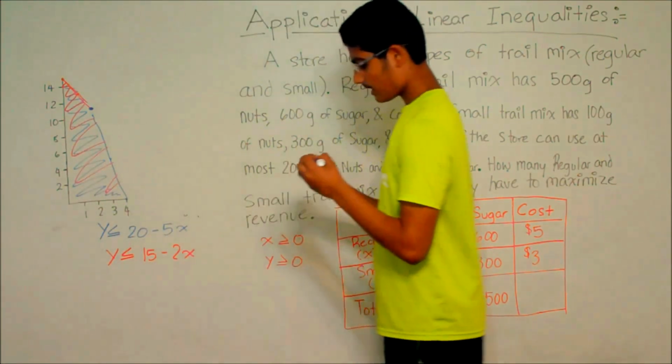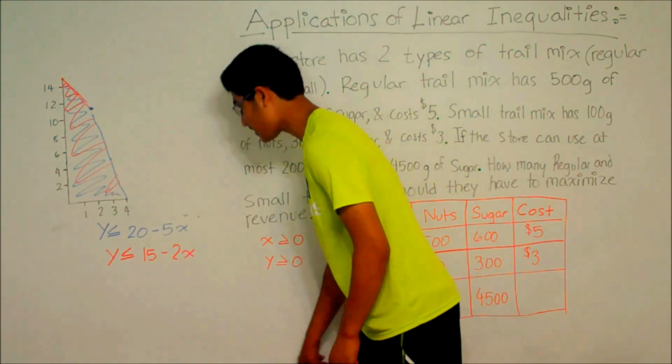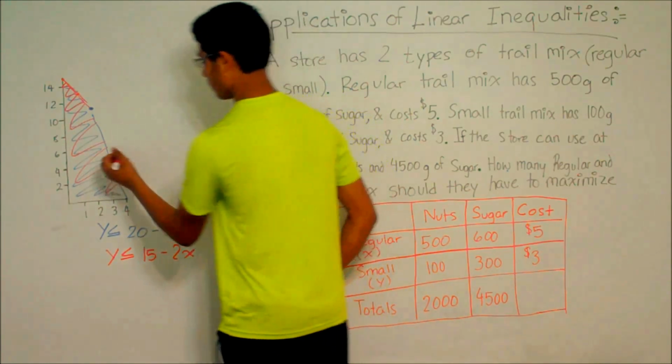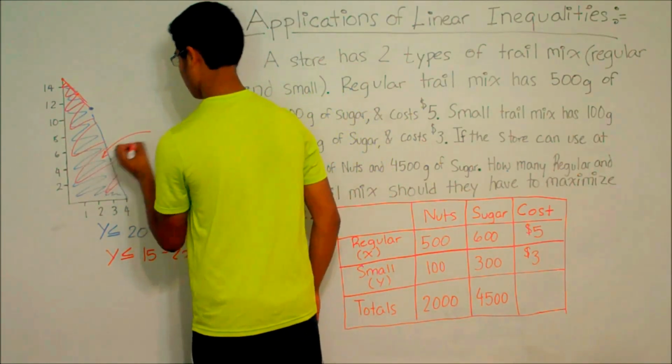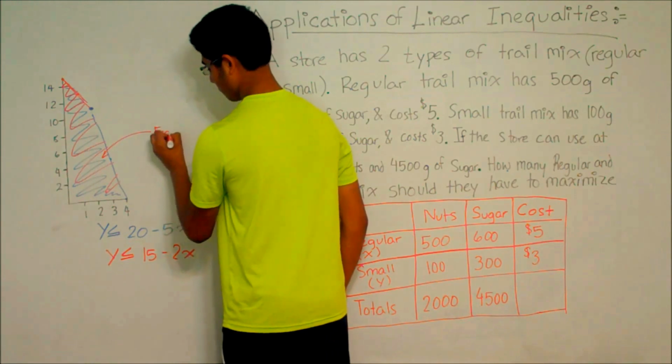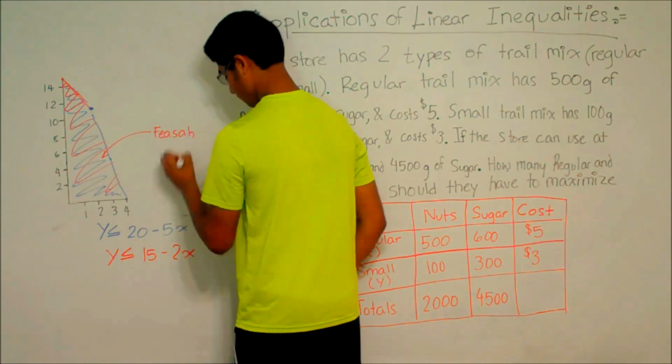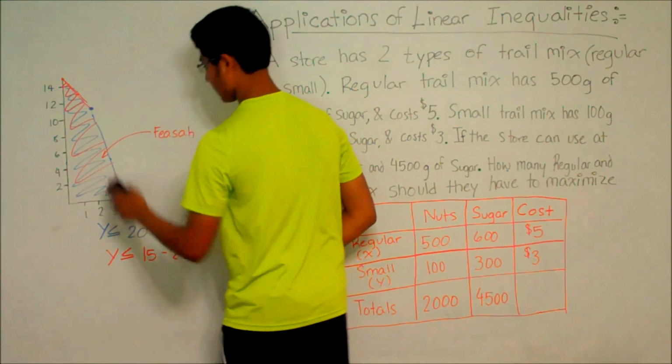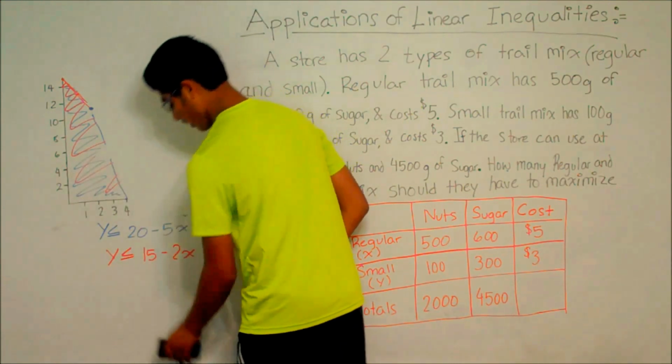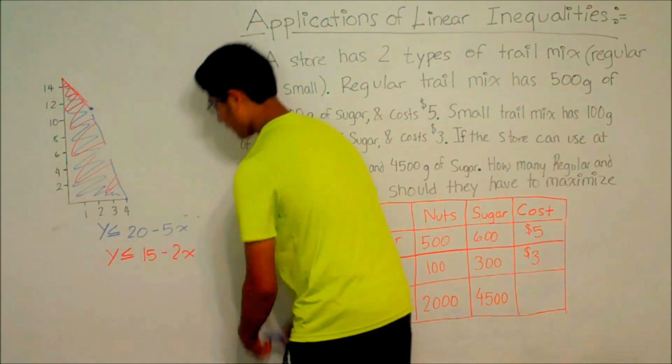So the main points in this feasibility range are the ones on the outside.